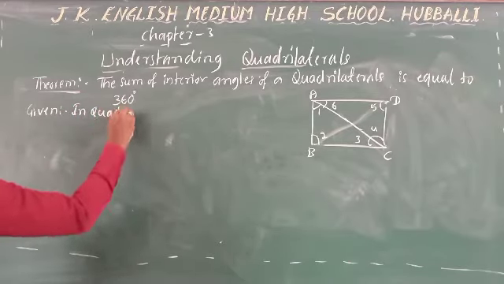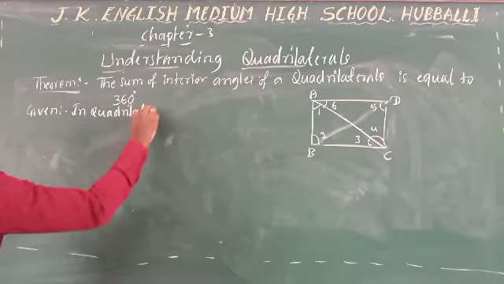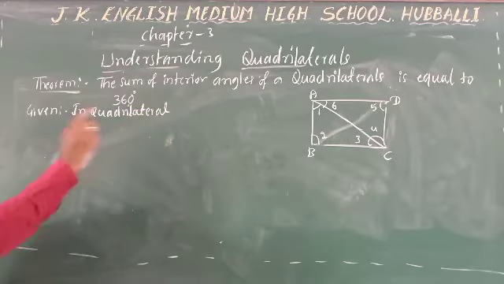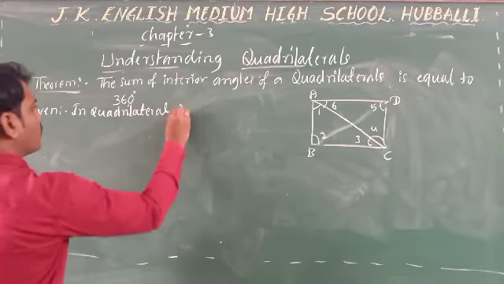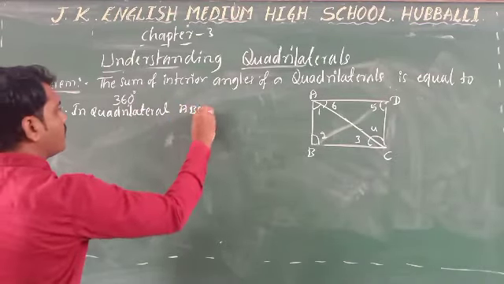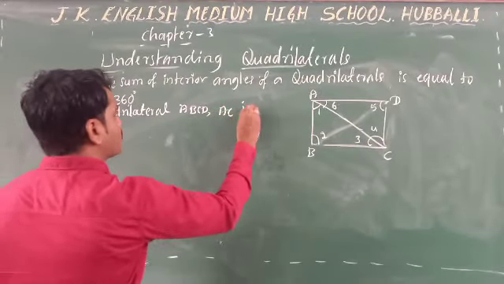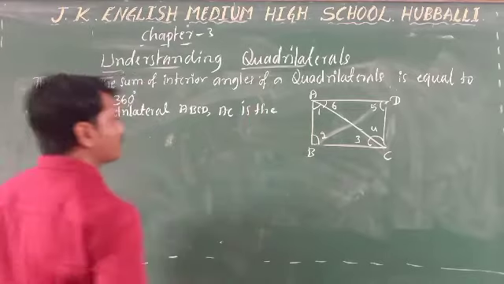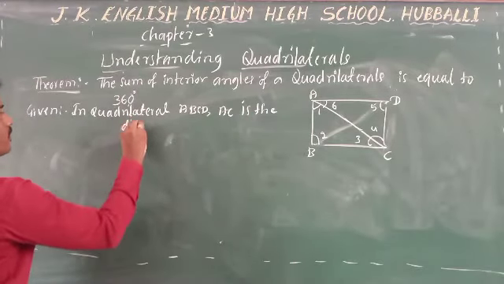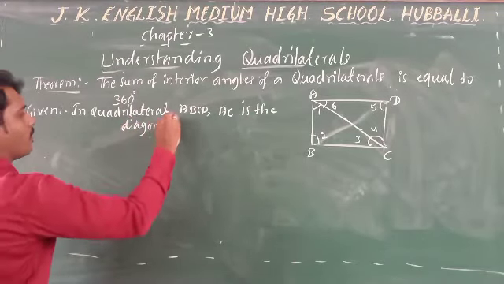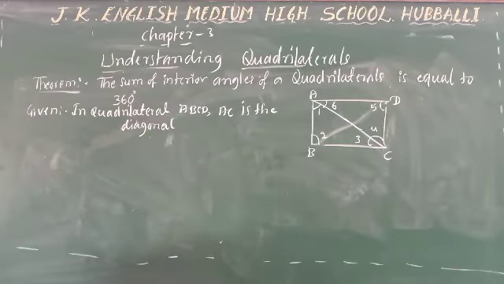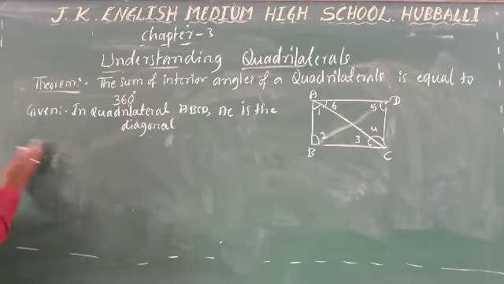Given: let us consider there is a quadrilateral. How many sides are there? 4 sides are there. In quadrilateral ABCD, AC is the what? Diagonal. Correct? Given is over. Next one, to prove.